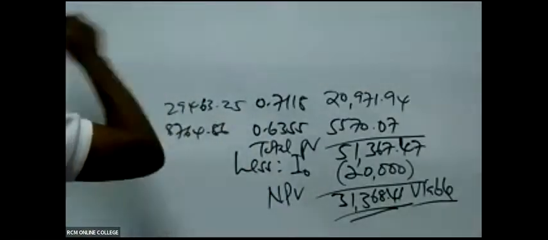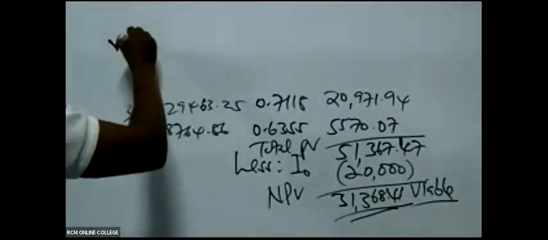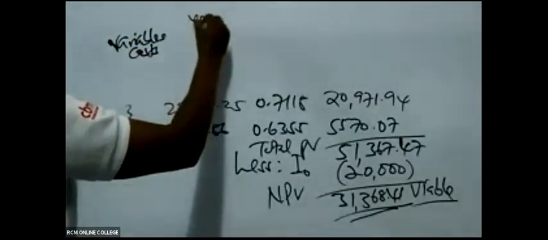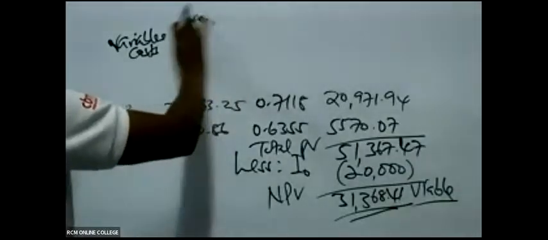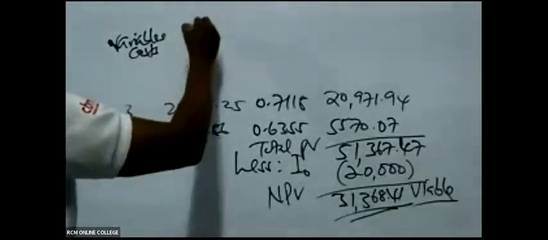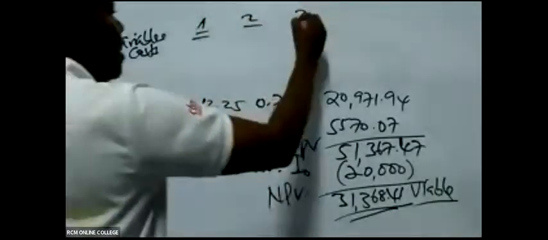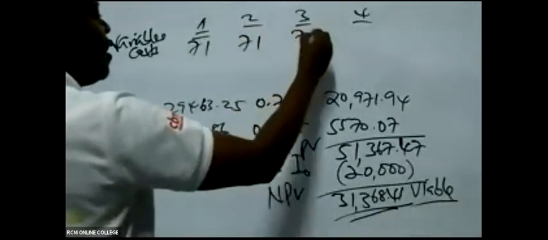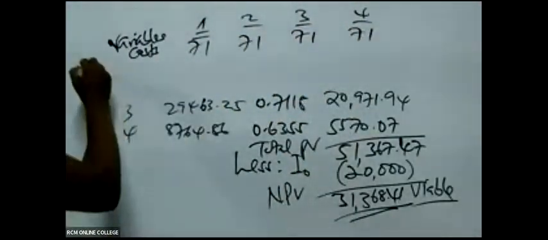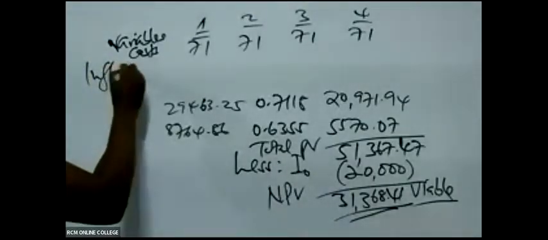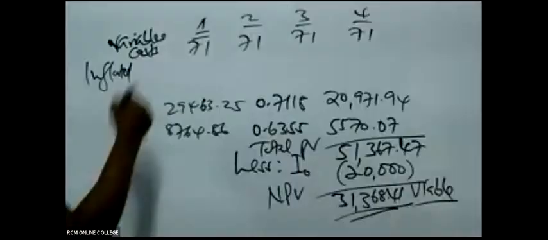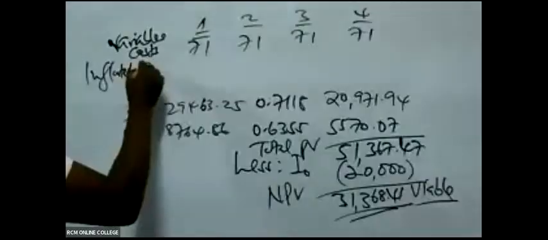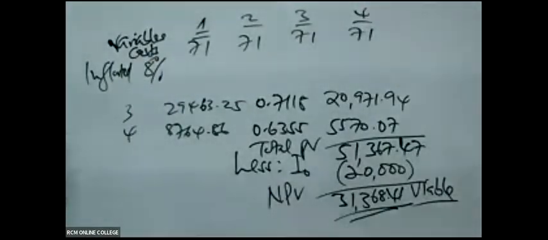Guys, when you are given these variable costs for year 1, year 2, year 3, year 4, then you are told the variable cost is 71, and they are inflated by 8%.